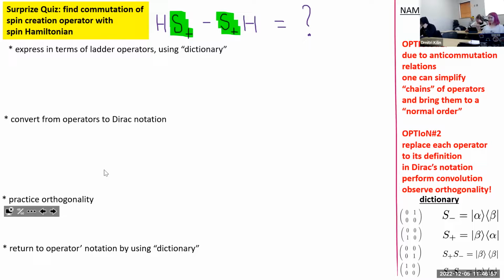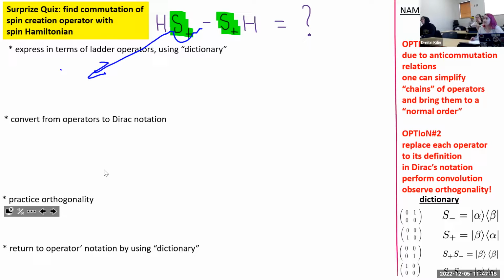Okay, so the main thing that maybe was not clear to everyone is that one needs to express this Hamiltonian in the form of operators.